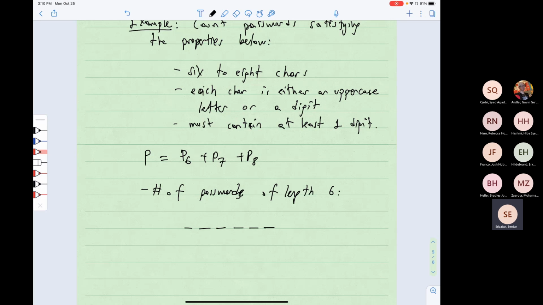There are 26 uppercase letters and 10 digits. So the first character can be any one of these 36, right? And the second character, same, 36. So we have 36 to the 6 passwords without any condition except the length, that's it. I don't yet consider the last condition, I will take care of it next step.